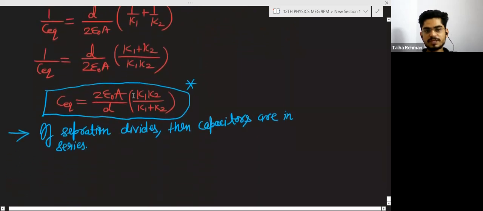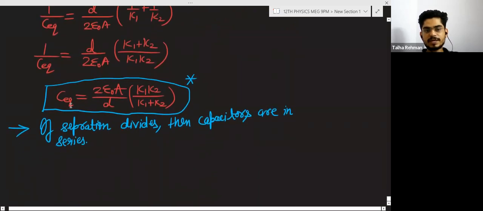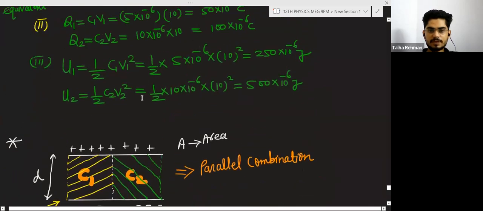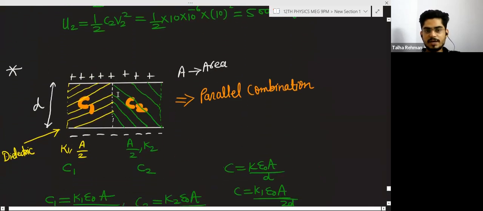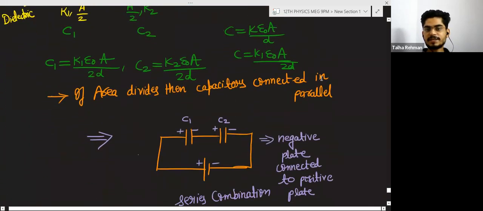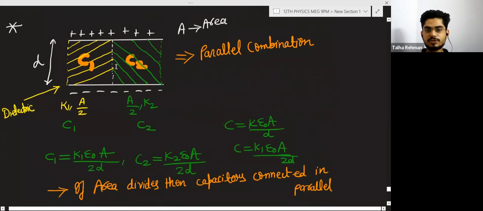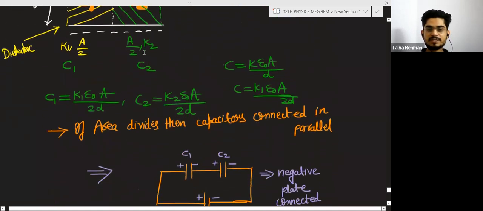For the series combination we have calculated the equivalent capacitance, and you can also identify this in another way. I have written it also: if the area divides, then the capacitors are connected in parallel. Here the dielectric is divided into areas, so this is a parallel combination.